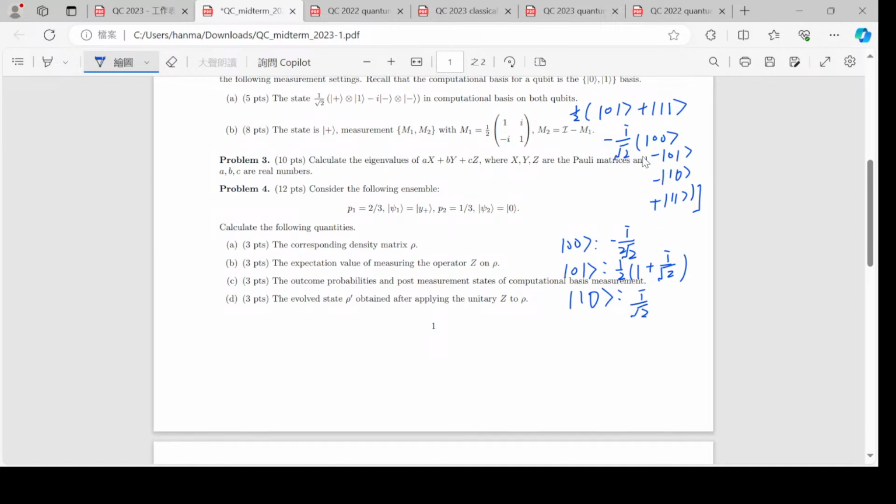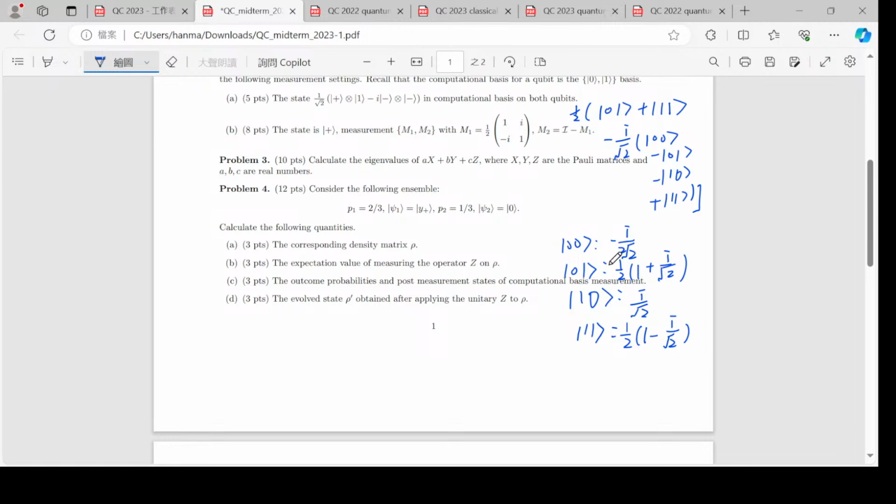And the last one, for 11, the coefficient is 1 over 2 of (1 minus i over square root 2).